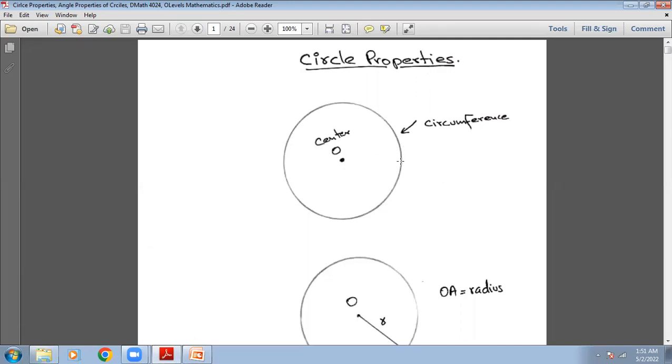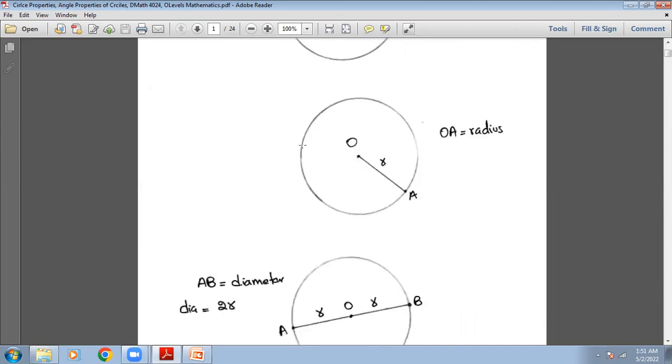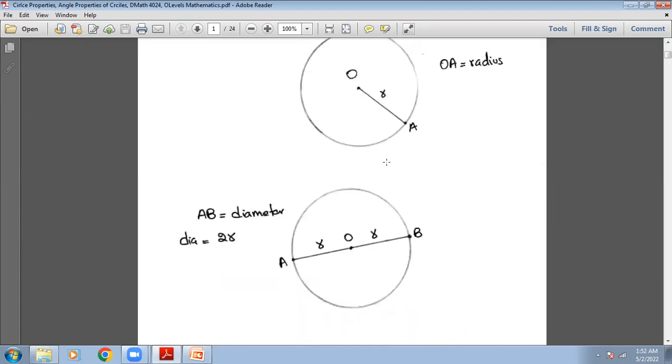Each point on the circumference is equidistant from this point O, which we call the center. If you join the center of the circle with any point on the circumference, that line segment is called the radius. So this OA is basically the radius.